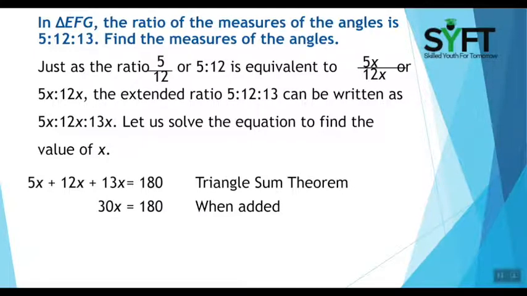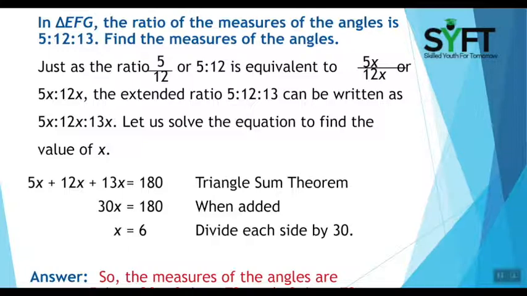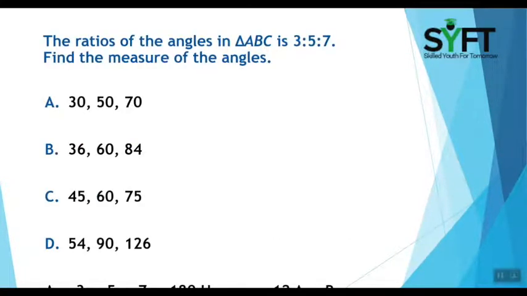So 30x is 180 when added, and x is equal to 6 when we divide each side by 30. So the measures of the angles are 5 into 6 is 30, 12 into 6 is 72, and 13 into 6 is 78. The ratio of the angles in triangle ABC is 3 is to 5 is to 7.